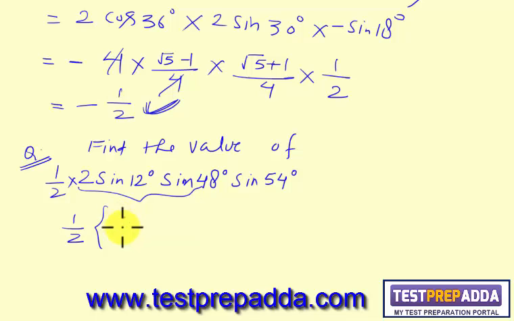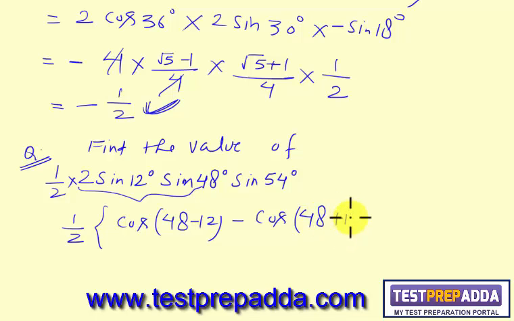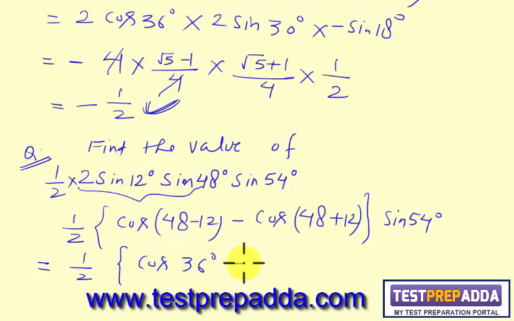In the bracket I'll write cos 48 minus 12 minus cos 48 plus 12, with sine 54 degree outside the bracket. So it comes half, and it becomes cos 36 degree minus cos 60 degree, and here sine 54 degree.